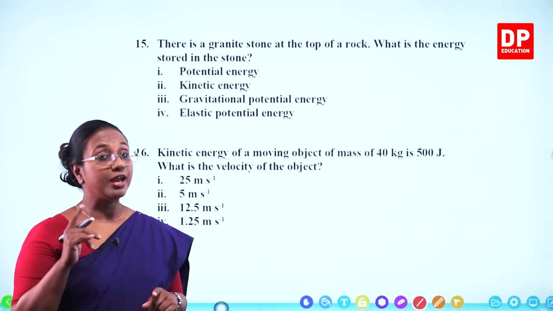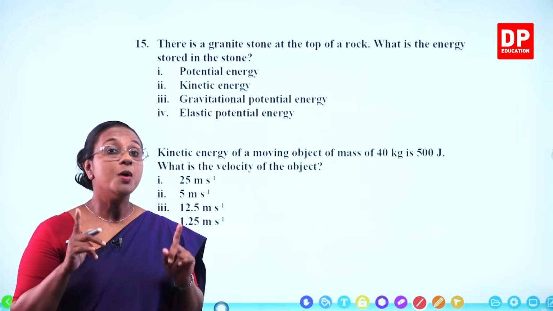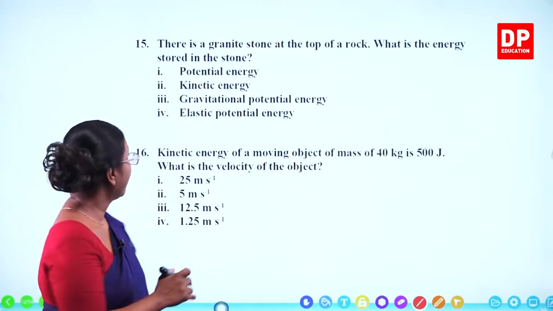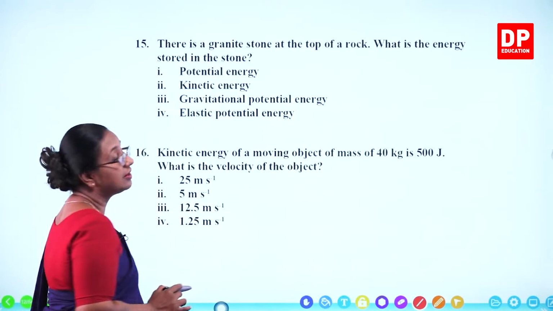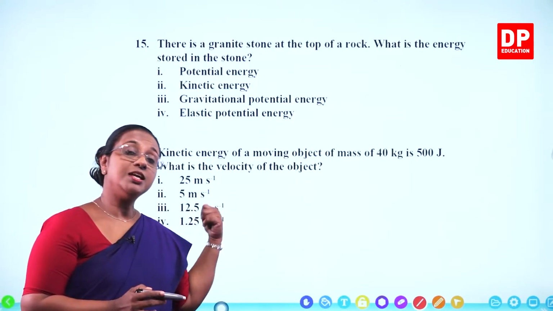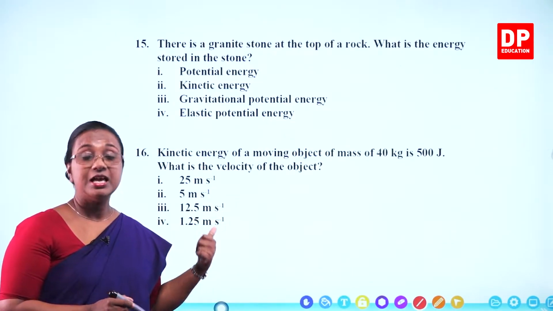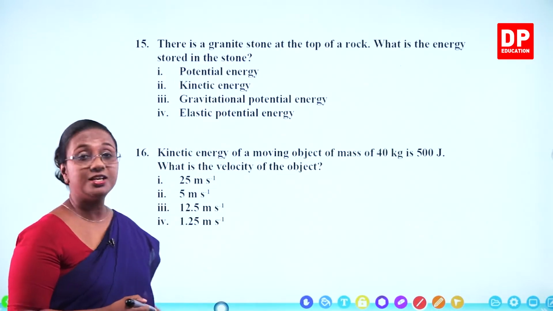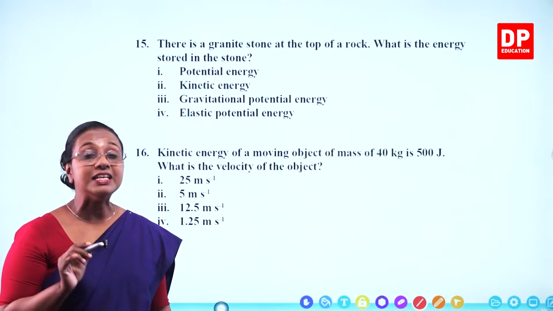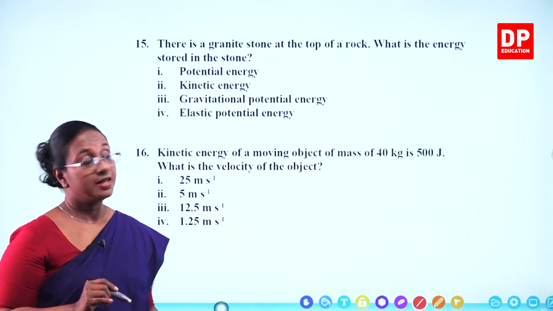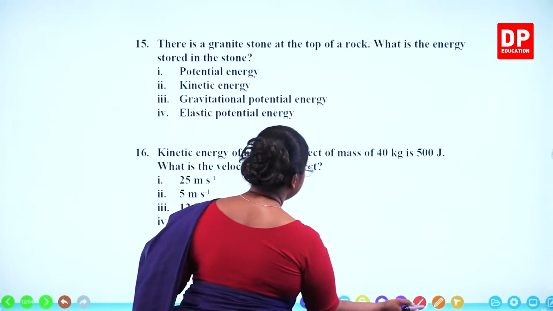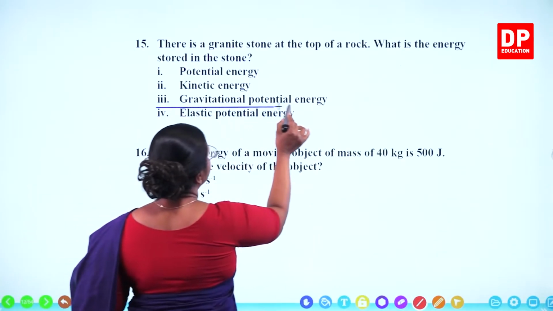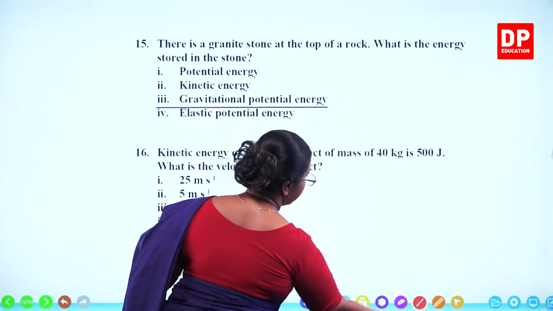Out of that, you can remember, students, the question asks for the most suitable answer. Now, potential energy is also correct. If they have not given gravitational potential energy, you can select potential energy. But since they have given gravitational potential energy, that is the most suitable answer, not elastic potential energy. So the answer should be gravitational potential energy. Is that okay?